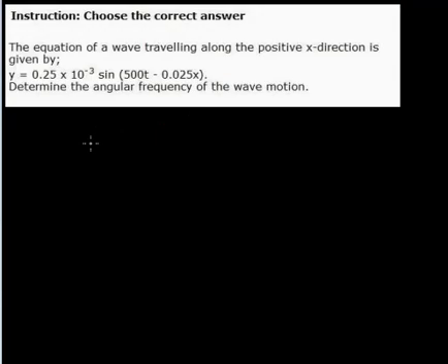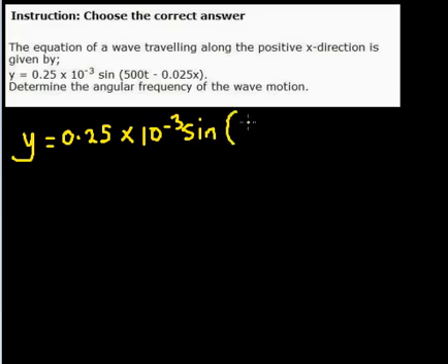The equation of a wave traveling along a positive x direction is given by, according to the question, y is equal to 0.25 times 10 raised to the power of minus 3, sine, open bracket, 500t minus 0.025x.